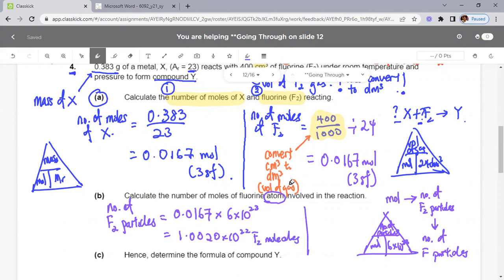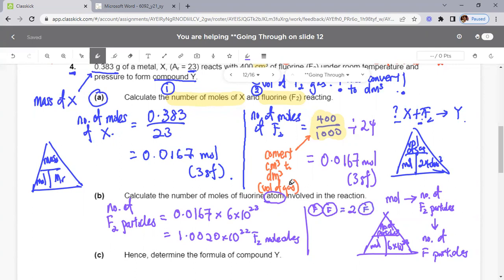Now, this is for F2 molecules, but I want F atoms. An F2 molecule is where you've got two fluorine atoms chemically combined together, so it equals 2 times a fluorine atom.